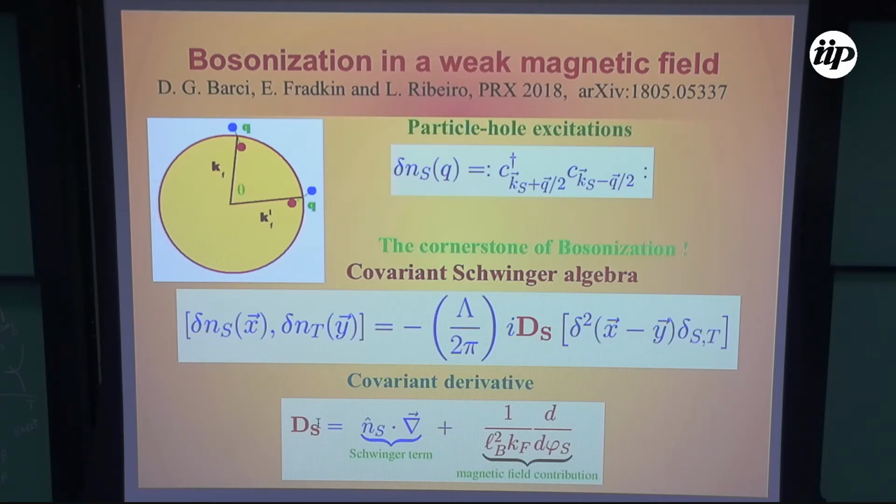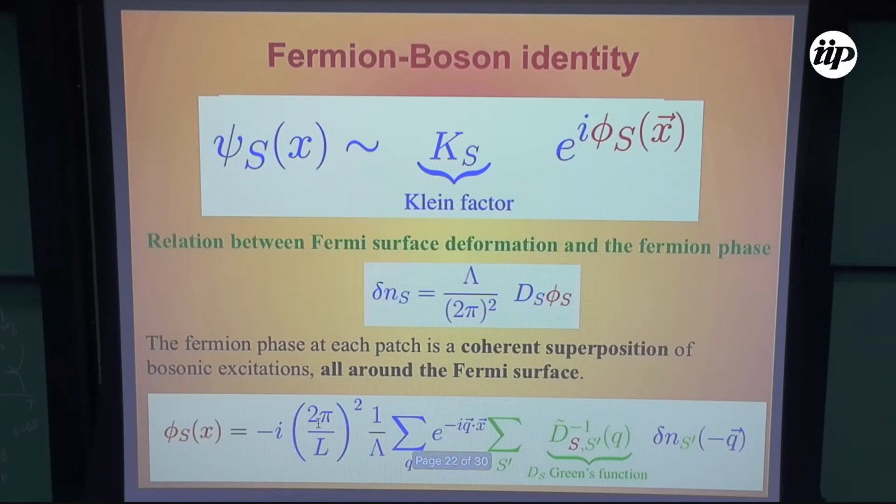The difference with the bosonization without a magnetic field is that when you try to build up the fermionic operator in terms of bosons, the relation between the bosons and the deformation of the Fermi surface is through this covariant derivative.